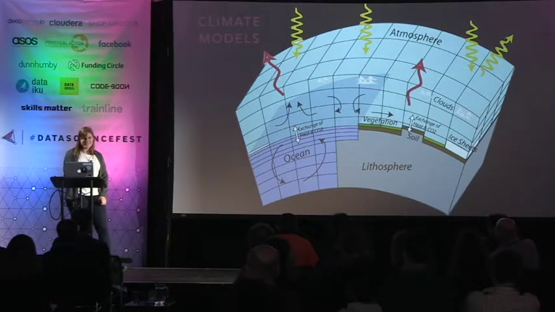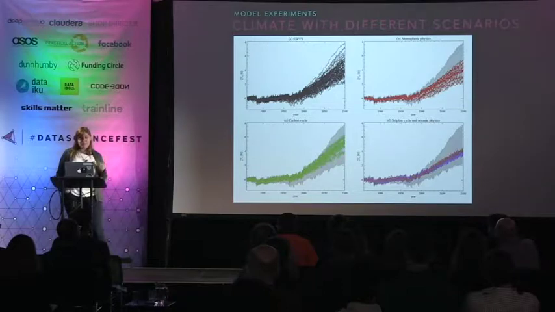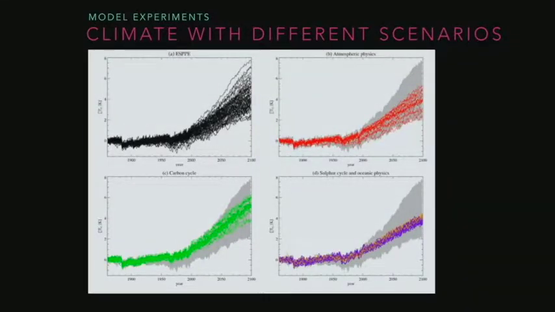Don't know if that was a good idea, but things you could then do with these models are quite interesting. This is what I've been working on a bit, which is to take one model. This was an older version of the Met Office model, I think, and just run it into the future. So it goes from 1900 to 2100, and see what happens if you change the parameter values in the model.